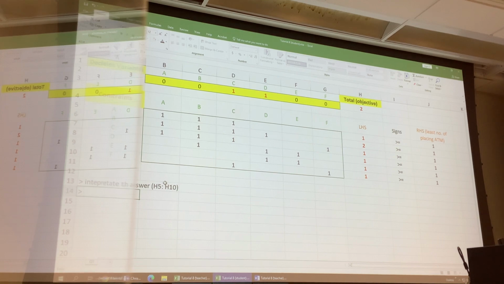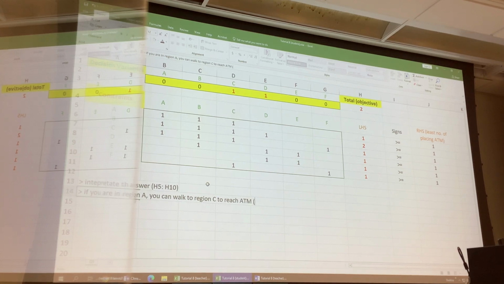For the first solution, left hand side 1. That is referring to region A. If you are in region A, you can walk to region C to reach the ATM.